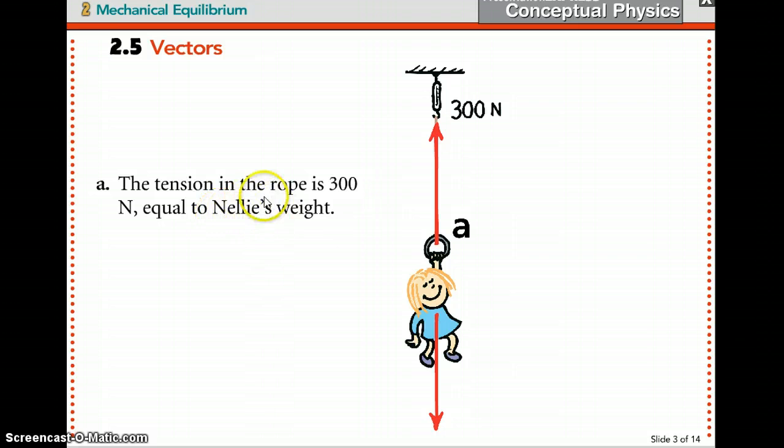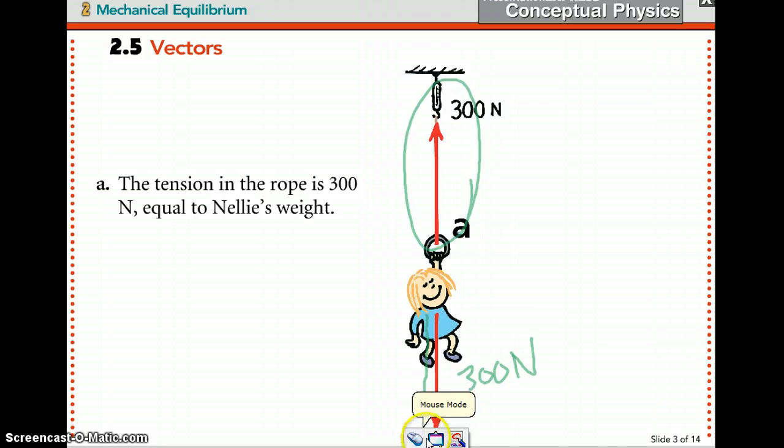Okay, so here's an example with Nellie, and she has some tension in her rope equal to her weight. So you can see acting downward here, Nellie's got a 300 Newton vector acting down, and so her weight going down is going to be equal to the tension in the rope going up. That's equal to Nellie's weight.